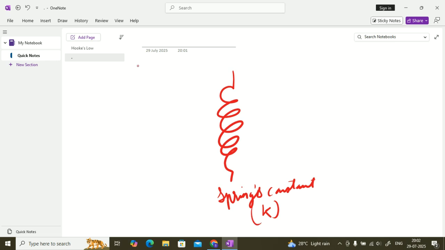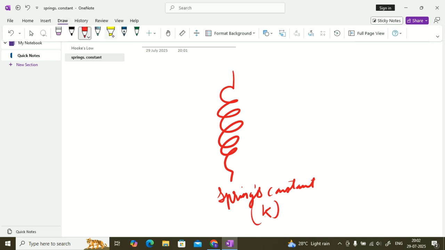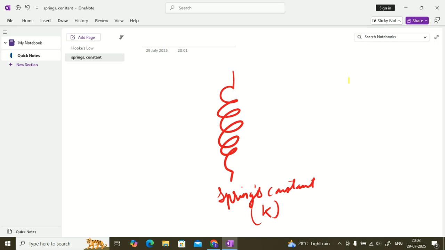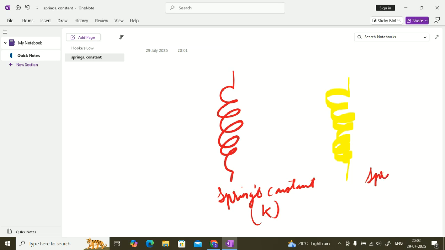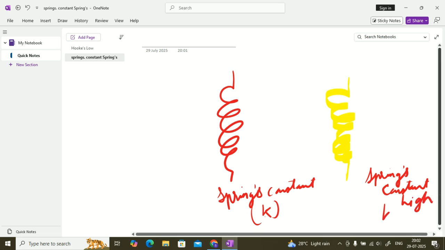Let's say the spring constant is K. If I have a thick spring like this, obviously this spring is going to have a high spring constant. Let the spring constant be denoted by small letter k.